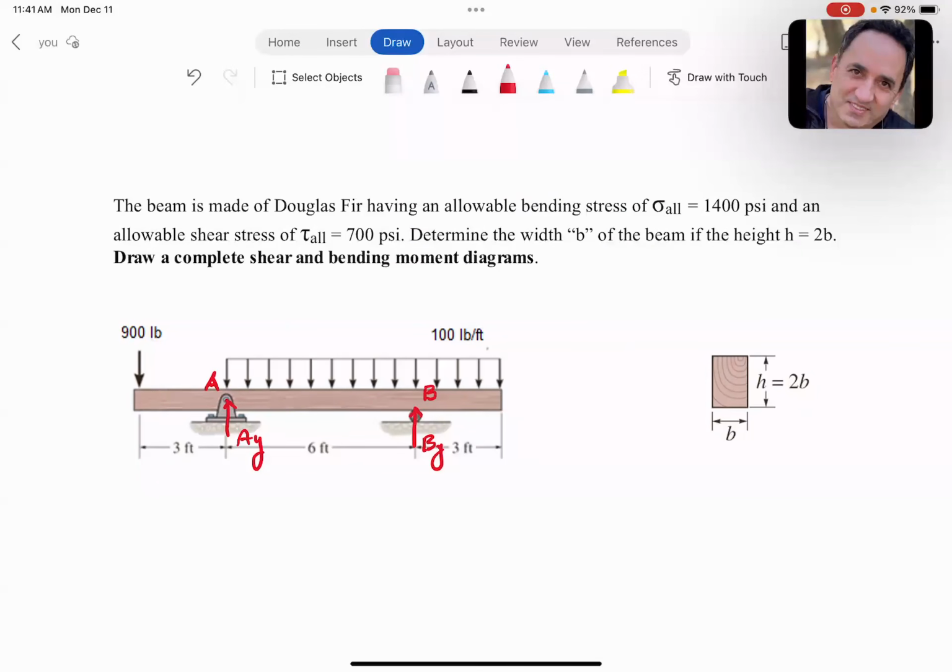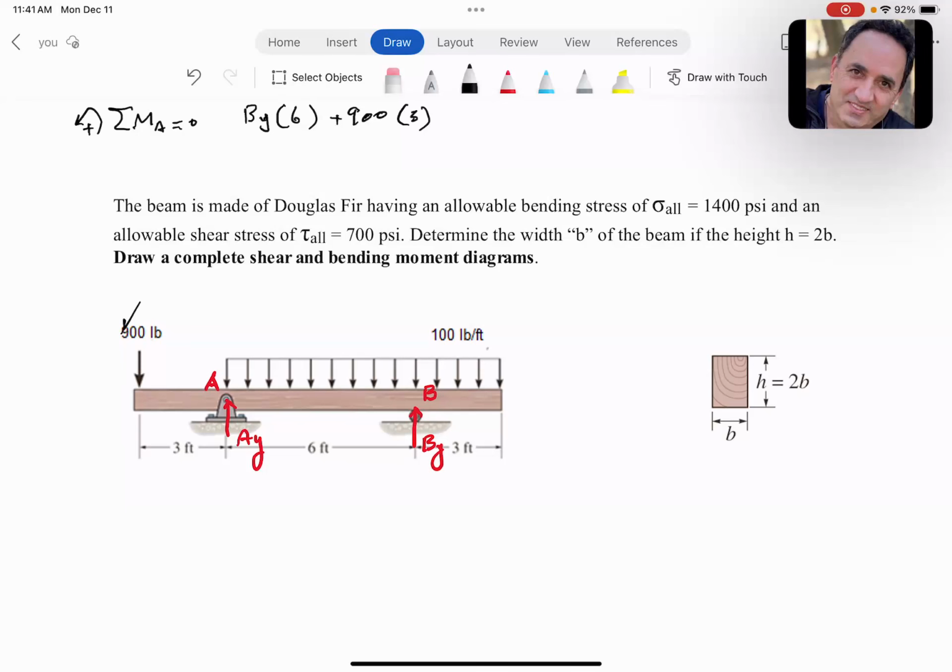All right, so you guys know that what we have to do is start by figuring out these reactions. So I'm going to take moment about A, set it equal to 0, counterclockwise positive. So we have By times 6, and then we have this 900, which is on the other side, so that's actually going positive.